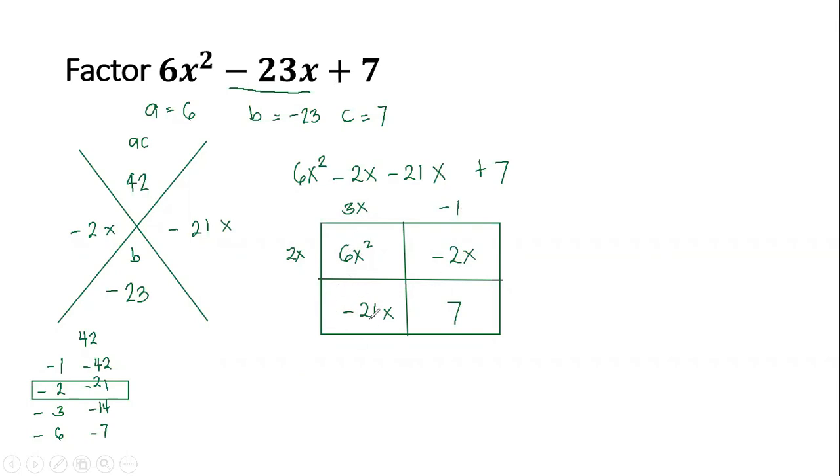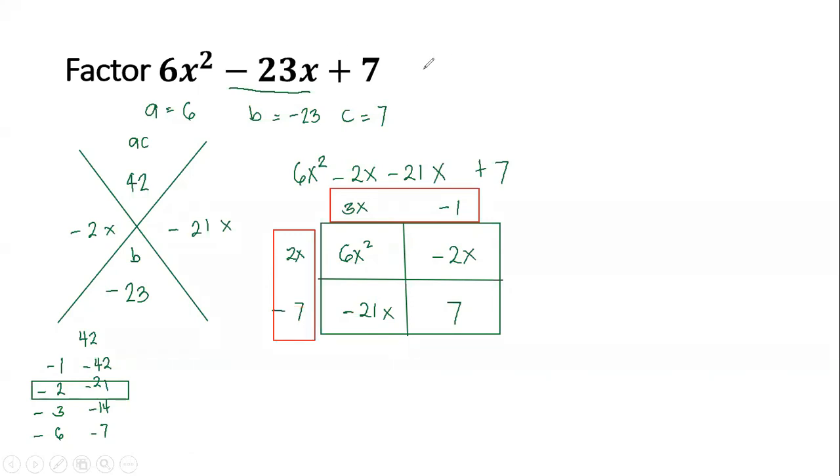And for this part right here, what should we multiply to 3x in order for us to get negative 21x? So we will multiply it by negative 7. And to check for the constant, negative 1 times negative 7 is positive 7. So therefore, the factors are 3x minus 1 and 2x minus 7.